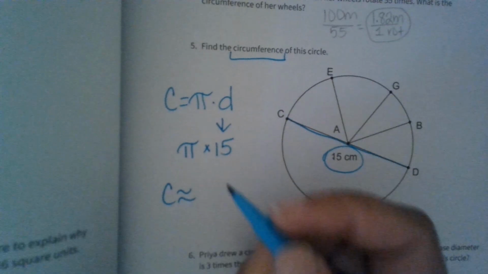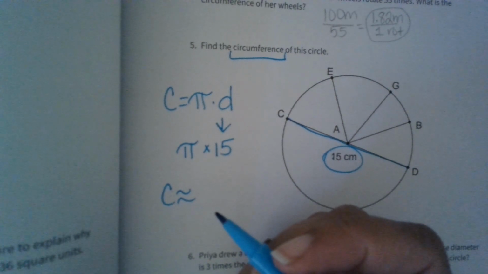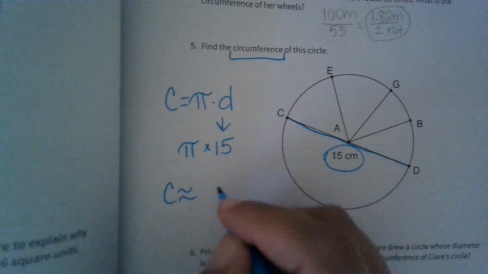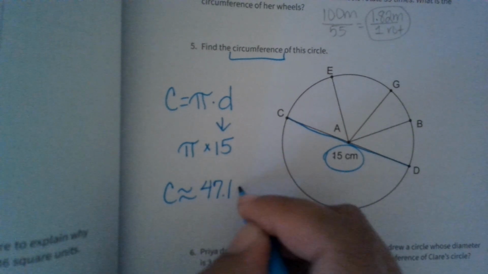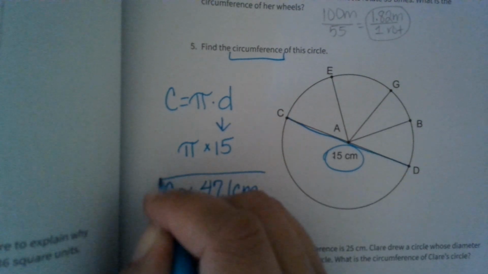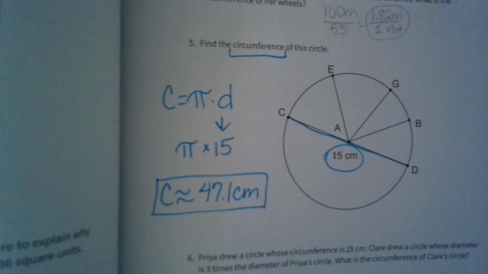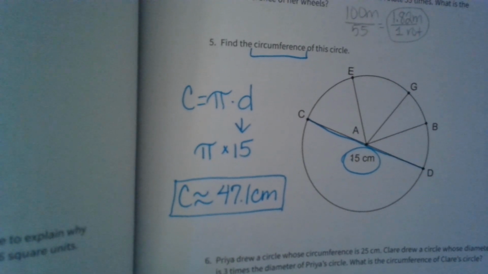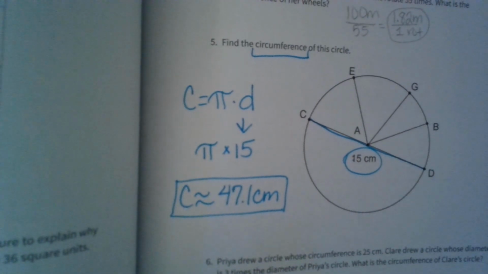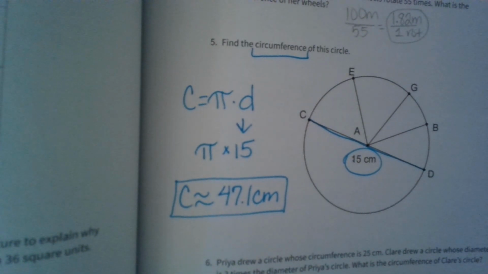So I'm going to do 15 times pi. You should have gotten 47.1 centimeters. That is it. You can pause this here before I turn it to the next page.